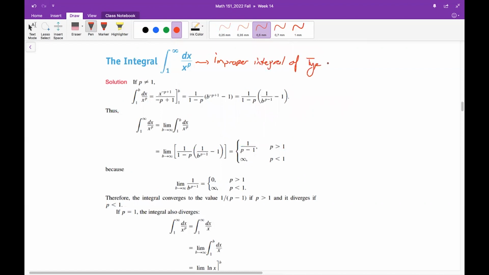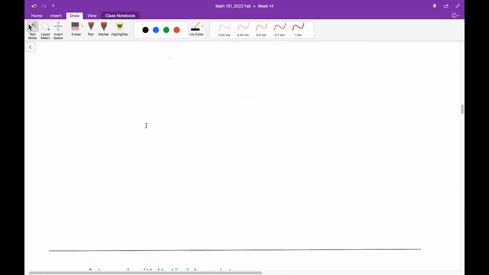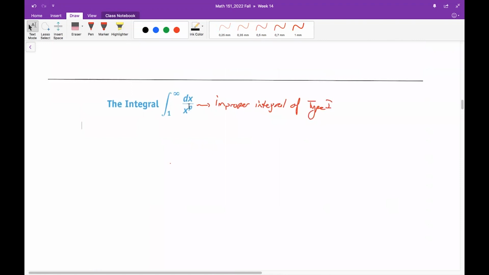And we will try to find the result depending on p for this improper integral. So let me remove this solution and let's try to handle it together. First of all, we want to assume that the number p is different than 1. By the way, here p is a real number which is greater than 0.